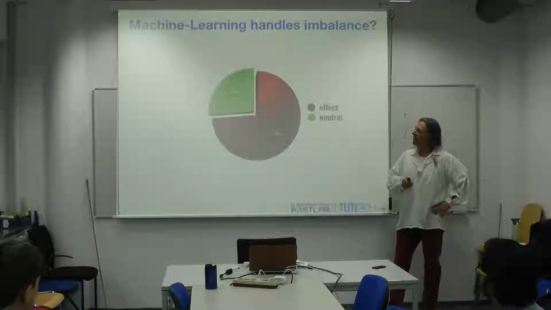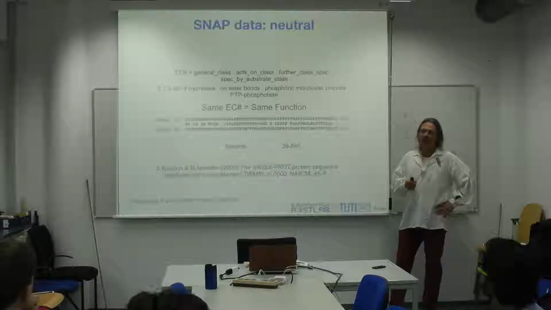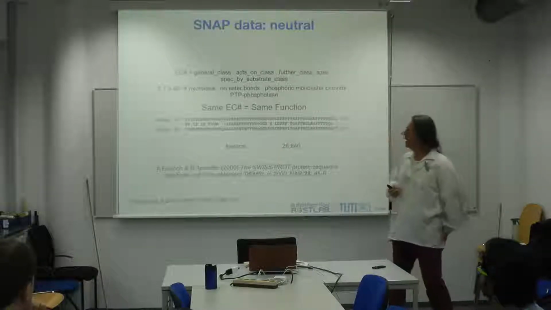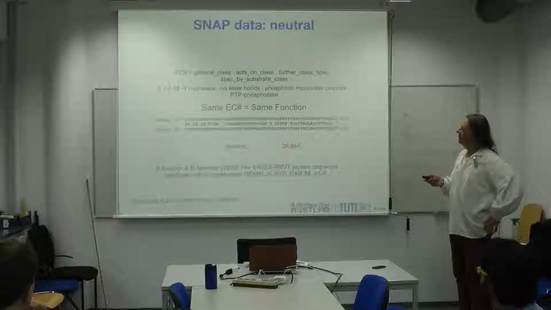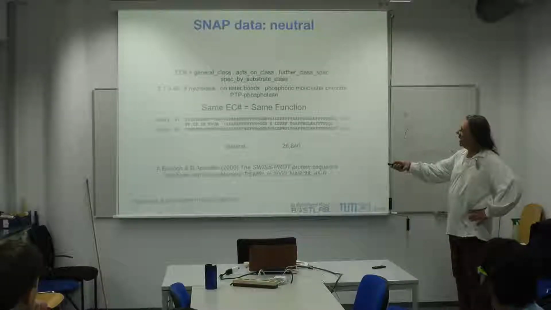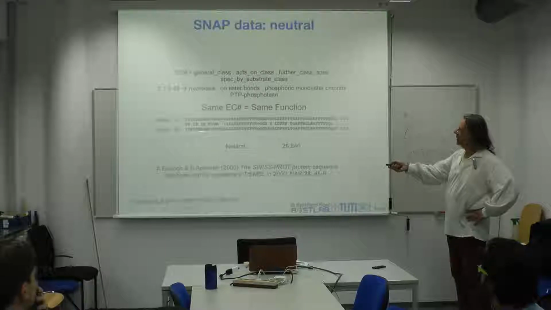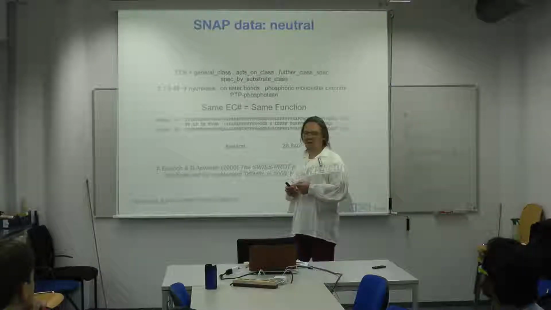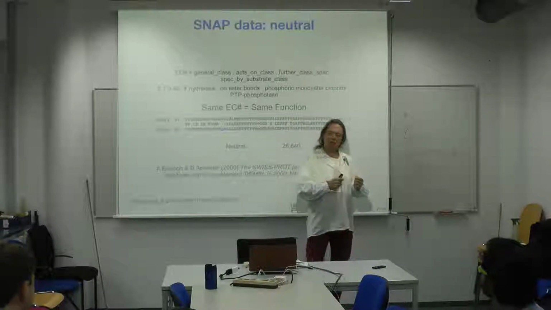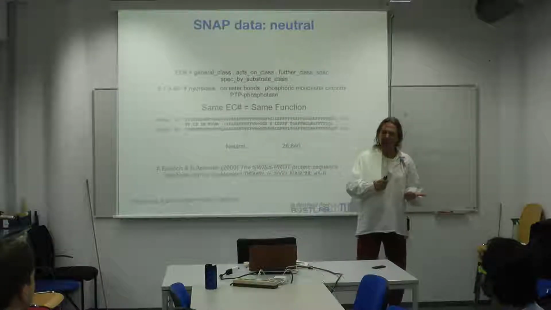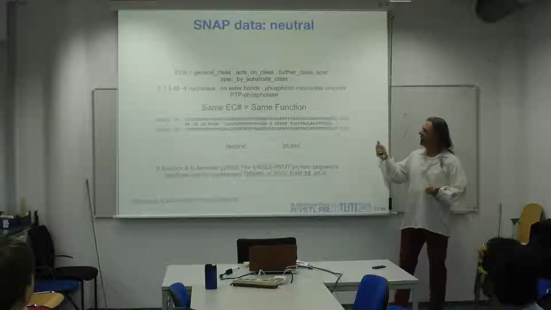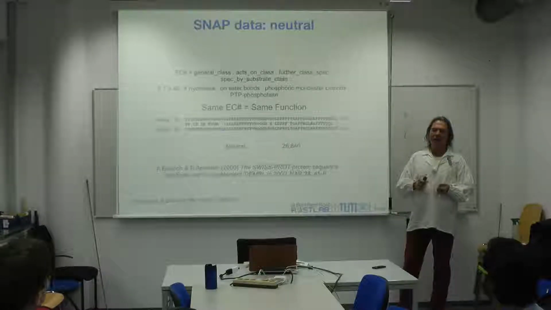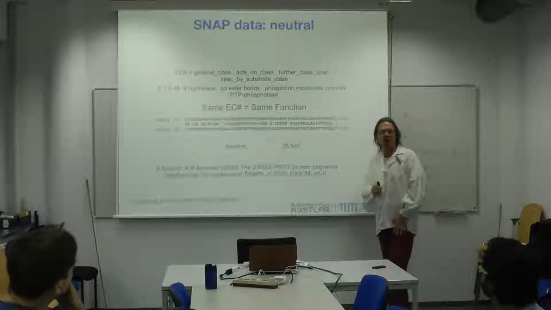Another thing you could do is try to see whether you can somehow get more neutrals. The way we did that here was we followed the following idea. Suppose you have two proteins, both experimentally characterized, and for both the experiment says they are enzymes with a particular enzymatic activity, say hydrolases with this entire enzyme classification.